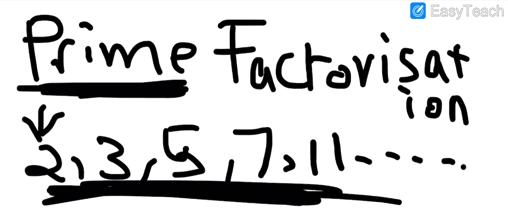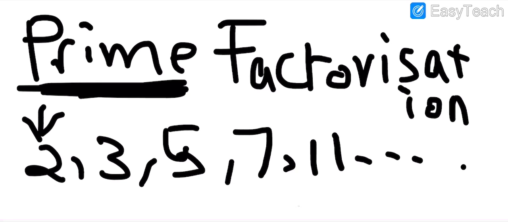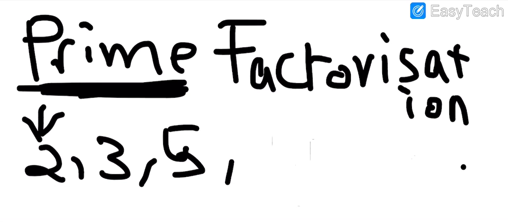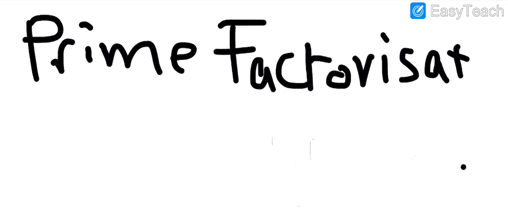Okay, so how to do the prime factorization. In exercise 1A, question number 2, they said find the prime factorization of each of the following numbers, leaving your answer in index notation. Index notation, what is index notation? First I'll explain it to you so that when I solve the question you will know how and why I am doing those steps.